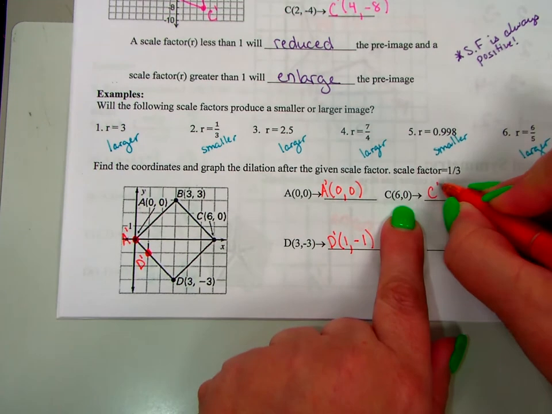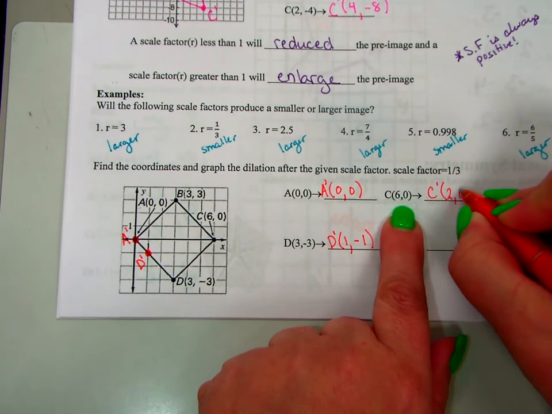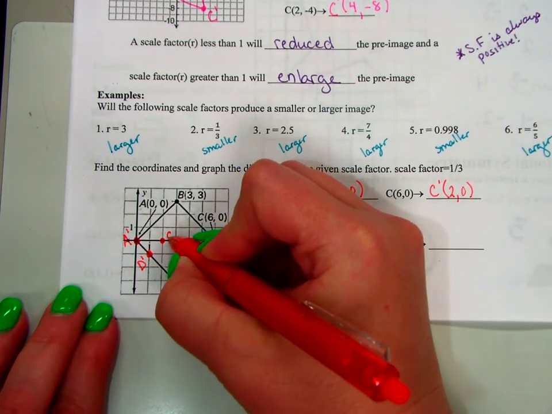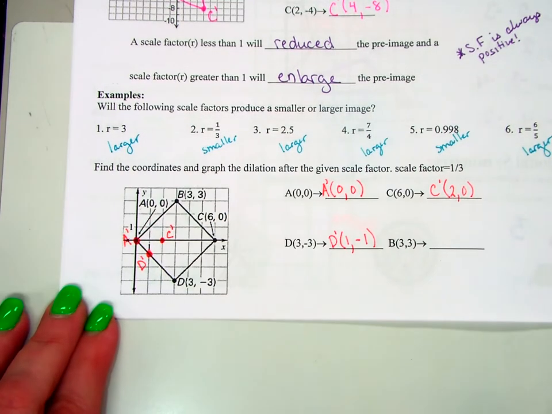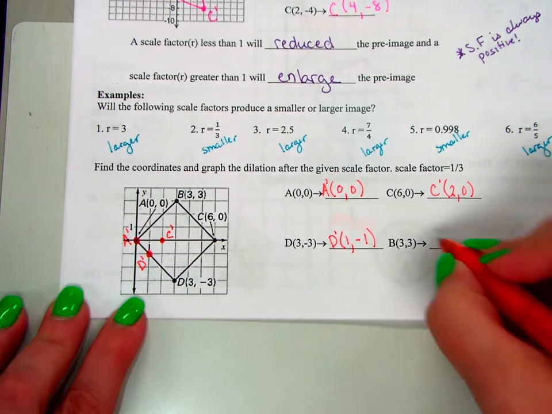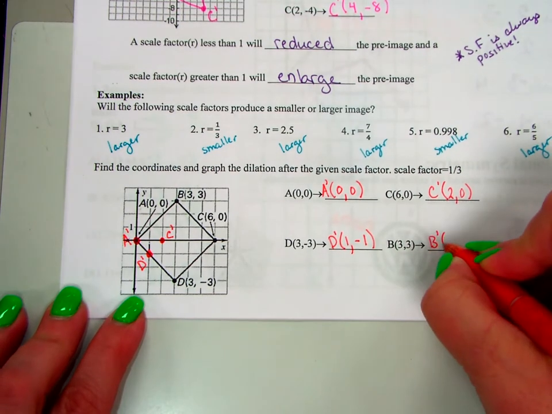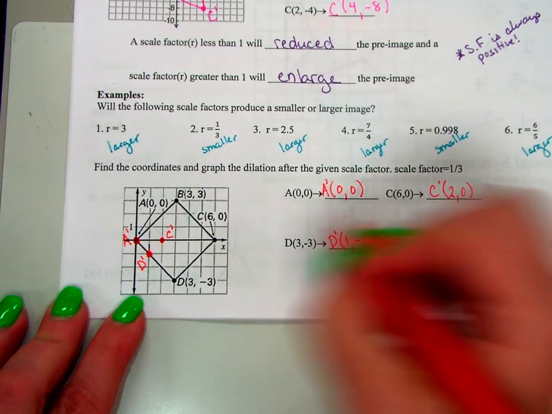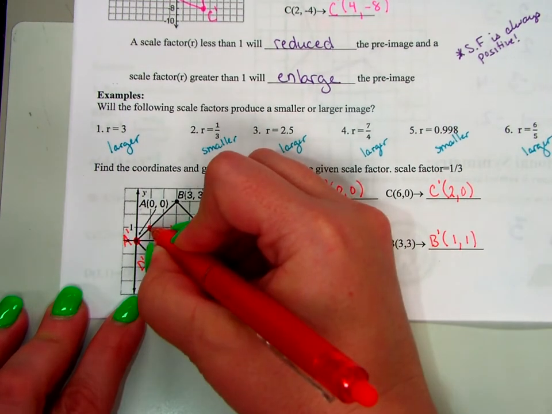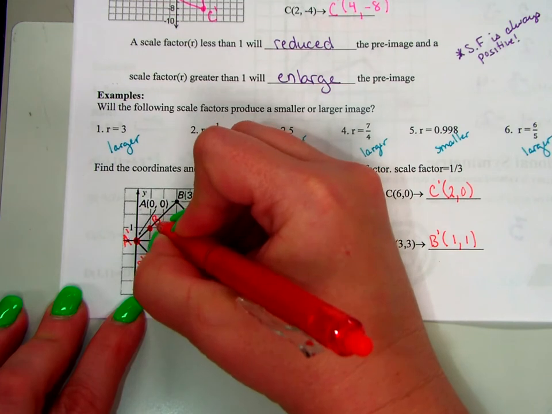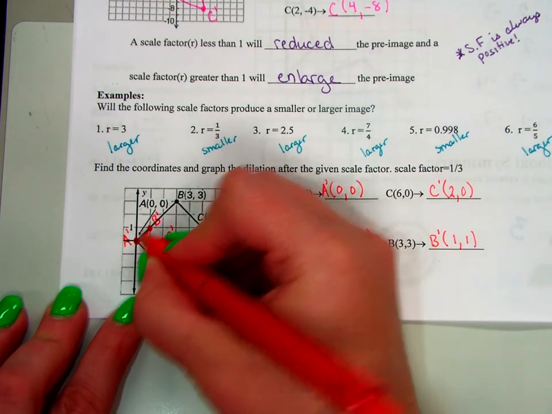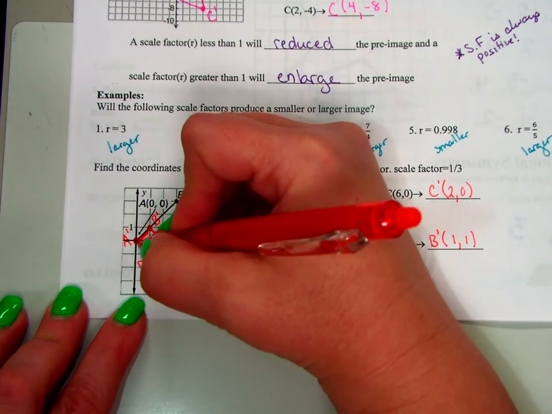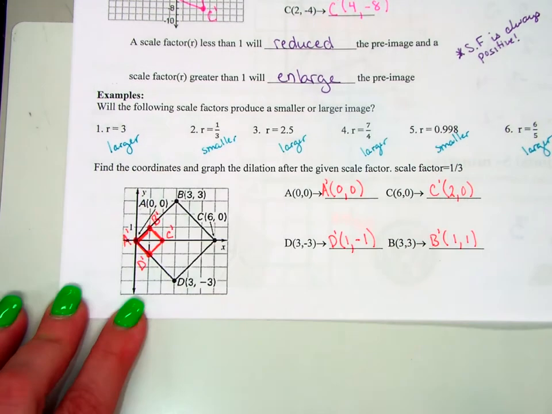So C prime will be at 2, 0. 1/3 of 6 is 2. Okay, and then the last one, B, goes to B prime, which will be the point 1, 1. And so here is my square that's smaller by 1/3.